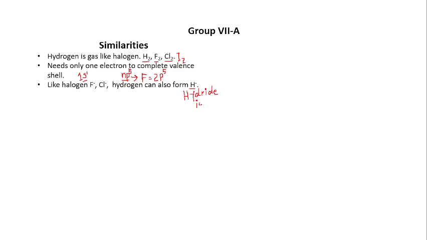Now we can see the differences between the halogens and hydrogen. The first one is that hydrogen forms H positive. Hydrogen can form the H positive ion. It can lose an electron easily as compared to halogens. Hydrogen forms H positive, but halogens can't form F positive or Cl positive.